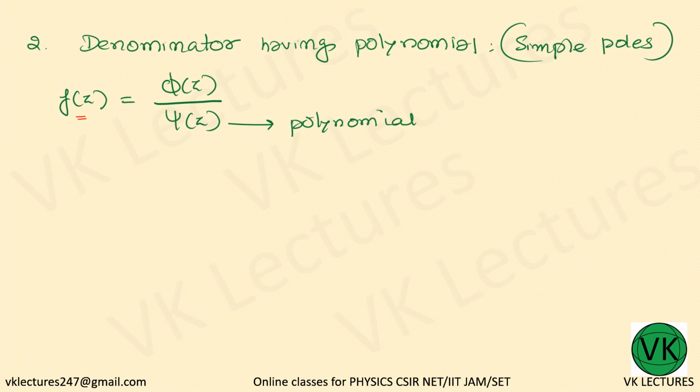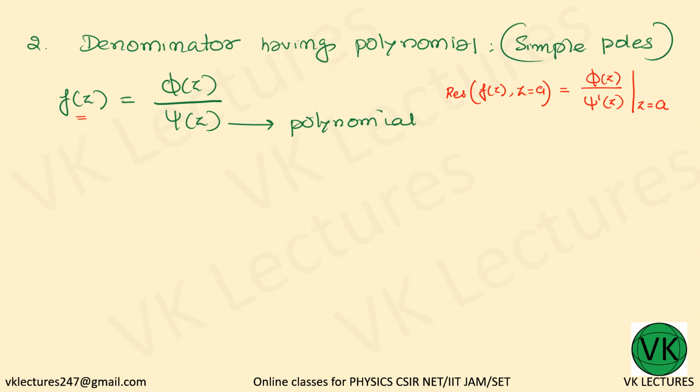To find the residue of this kind of function f of z at z equal to some point a, it is equal to phi of z divided by psi dash, the first derivative of psi with respect to z, at z equal to a. This is a very simple formula. So let's do a problem based on this.